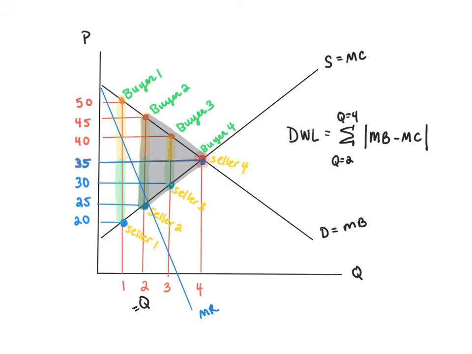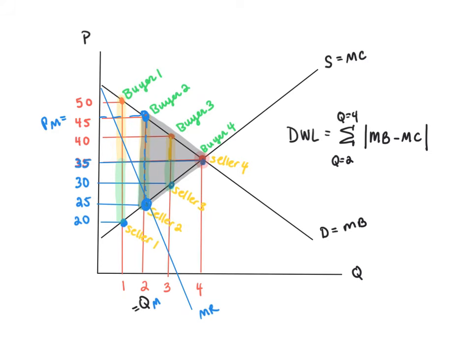This monopolist will choose to produce a quantity of 2 because that's the quantity at which marginal revenue equals marginal cost. At this quantity, the monopolist will set a price equal to 45. 45 is the monopoly's price, and 2 is the monopolist's quantity.